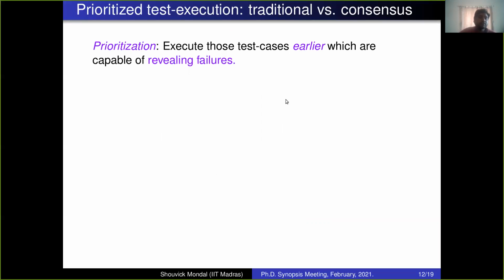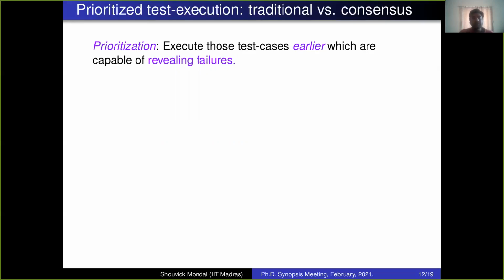Now prioritization is based on some heuristic by which you execute those test cases earlier which are capable of revealing failures. Let's say we have 100 test cases and we have selected 10 test cases, but each takes 1 hour to execute, and we have a budget of 3 hours.